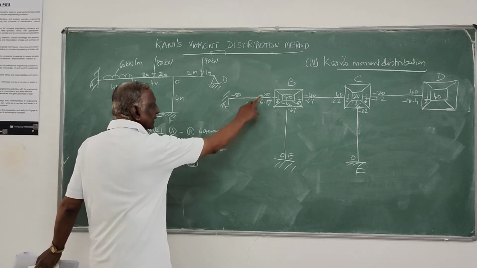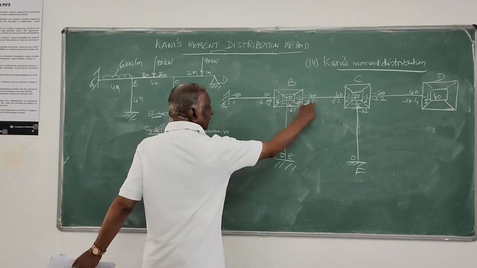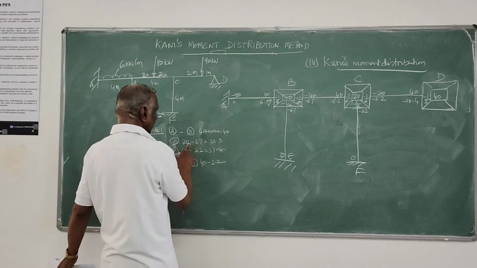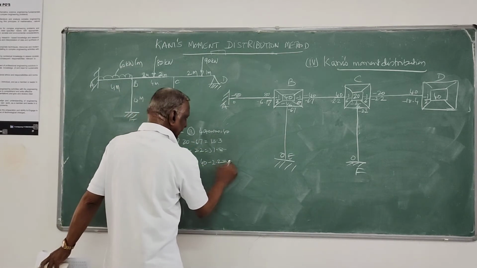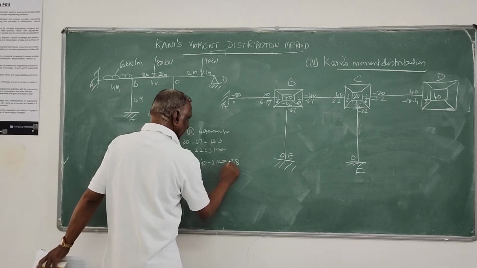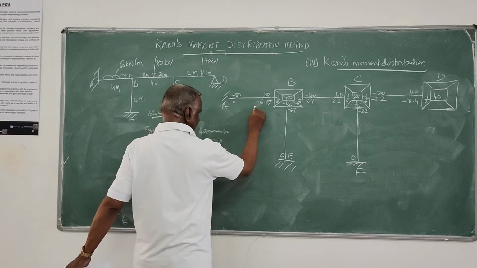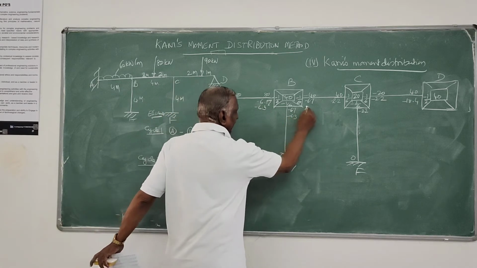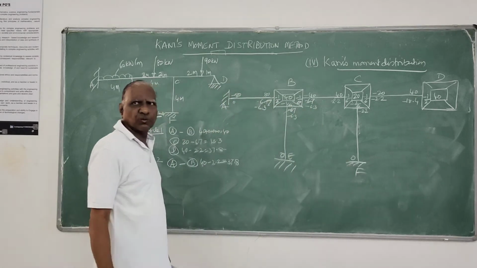B: it is 40, here it is 0, there it is minus 2.2. Earlier in the first cycle all were 0, now we are getting this value. 37.8 divided by minus 6, that is minus 6.3 each. You can cancel the previous one.